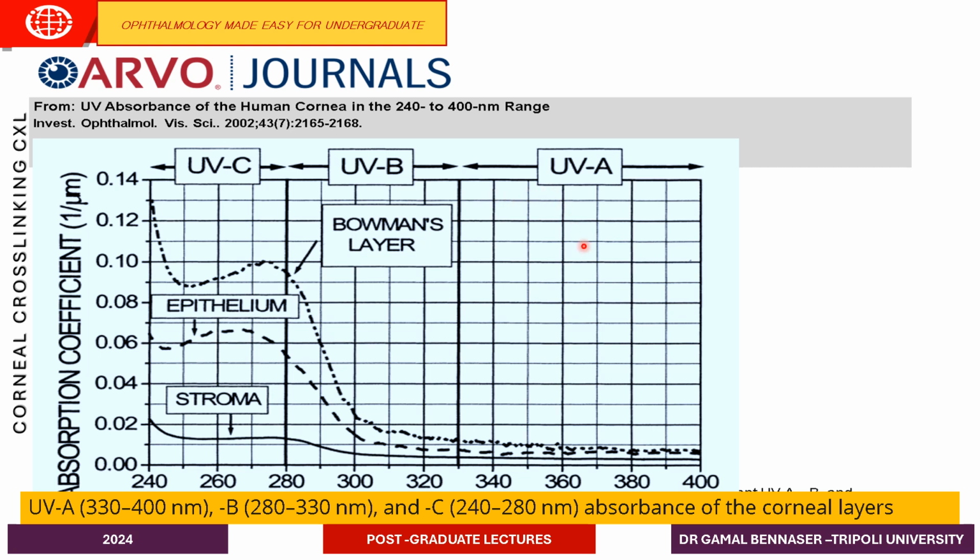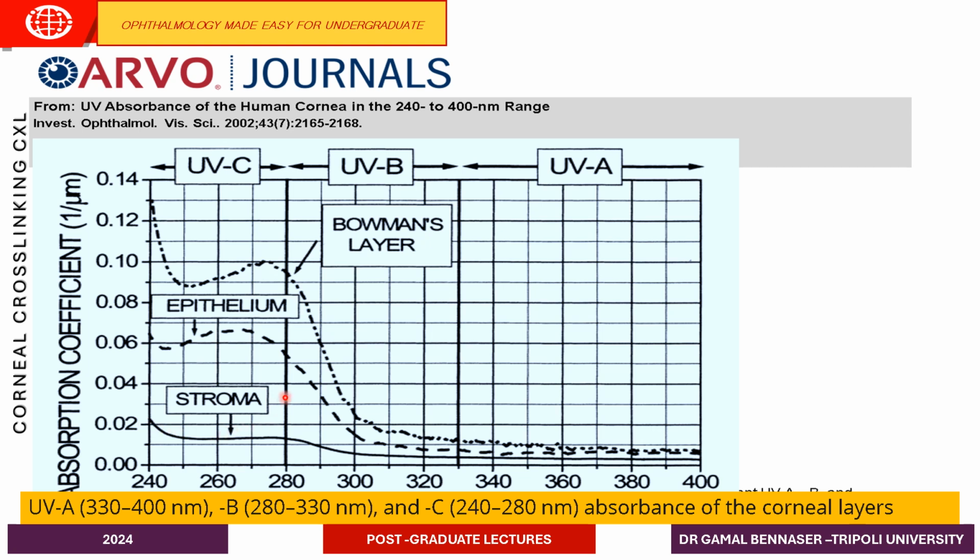By studying this effect, they found that although the absorption coefficient of these two layers is high, their participation in the total absorption of the irradiance to the cornea is less than that of the stroma.